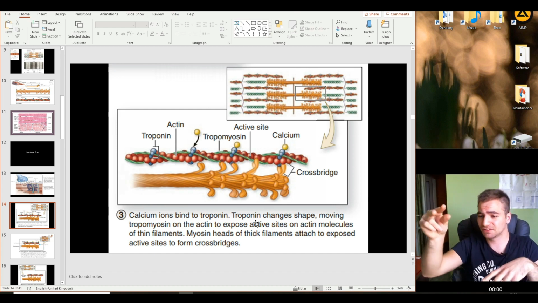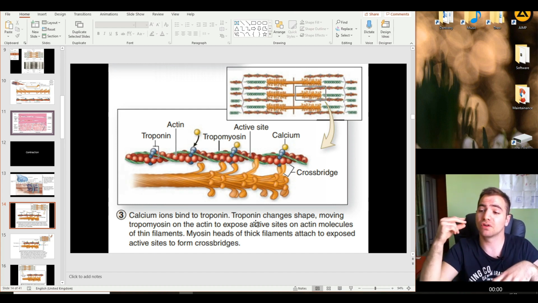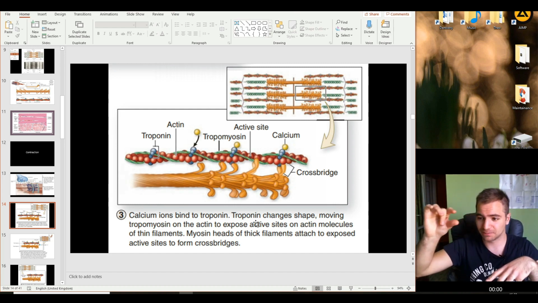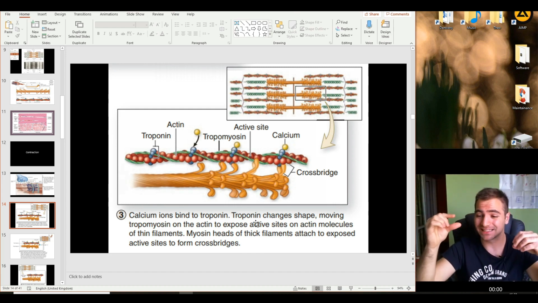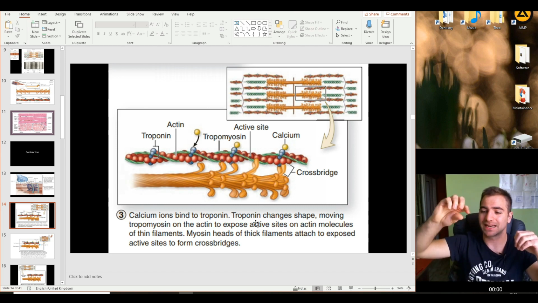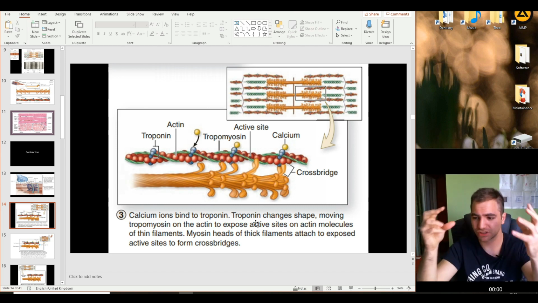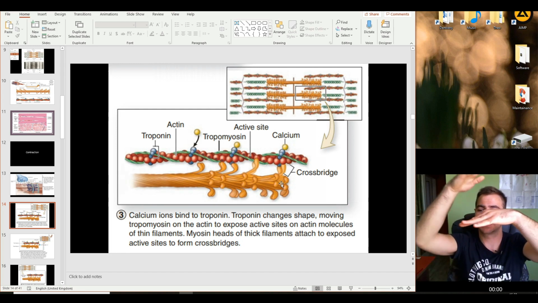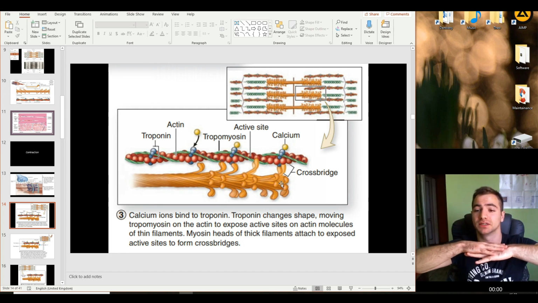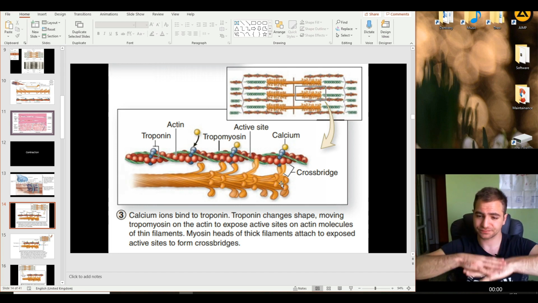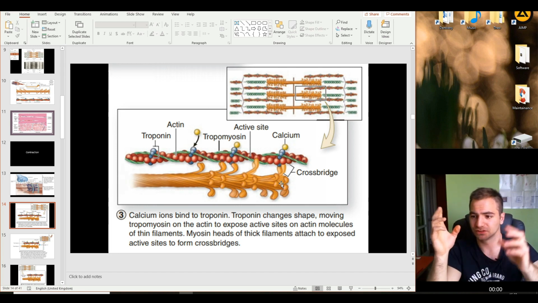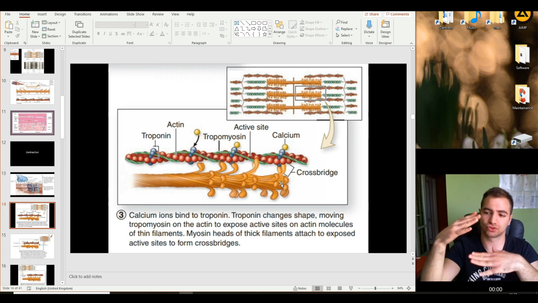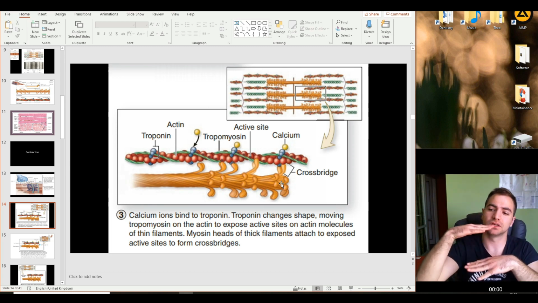Because of this movement, this conformational change, this opening, the binding site of the actin filament is now open, and because of this, the myosin heads, the thick filaments, are going to attach to the F-actin. This is how we allow the attachment between actin and myosin.